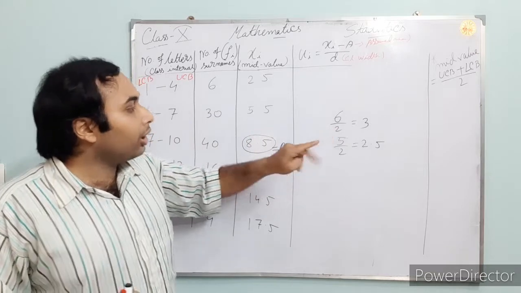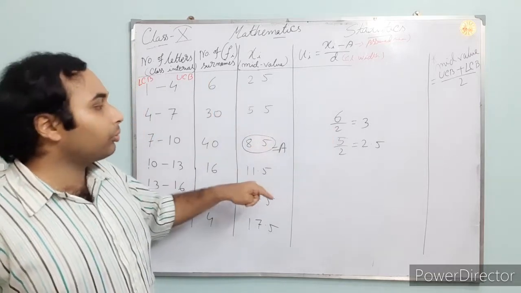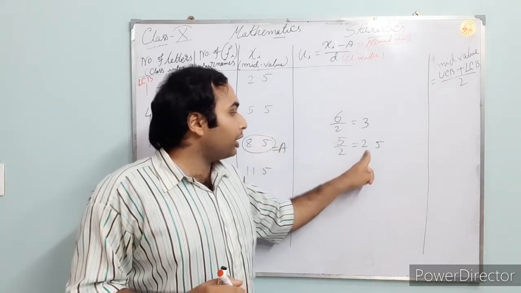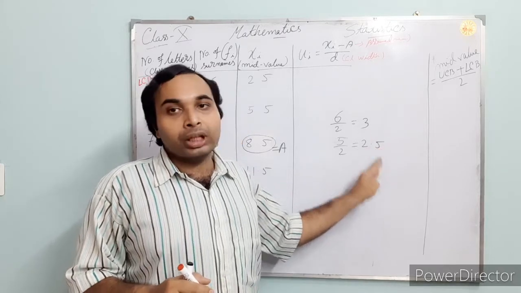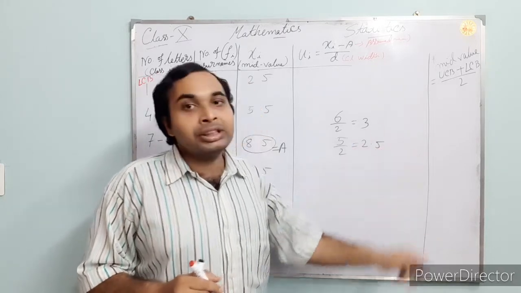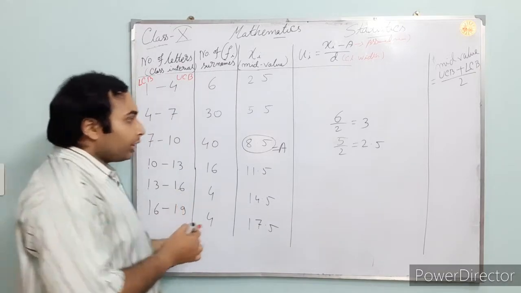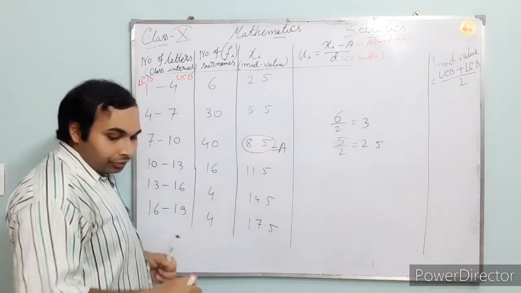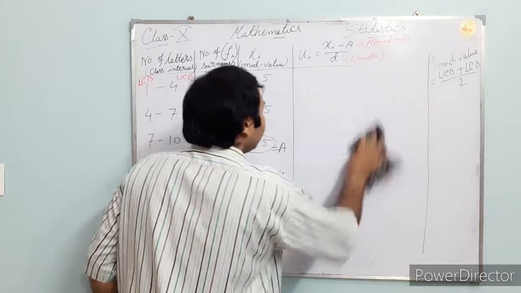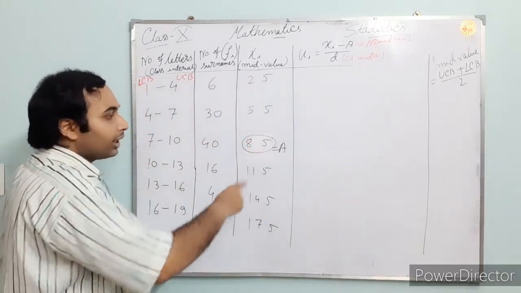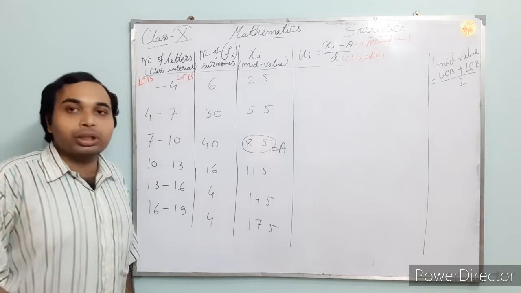But if an odd number of rows are there, just divide by 2, in decimal form it will come, and you take the next integer as the assumed mean. So here this is the assumed mean for us. You have to circle it like that and then write equals A.